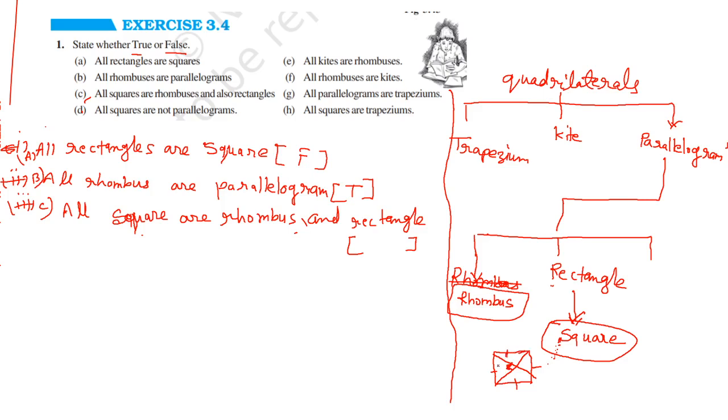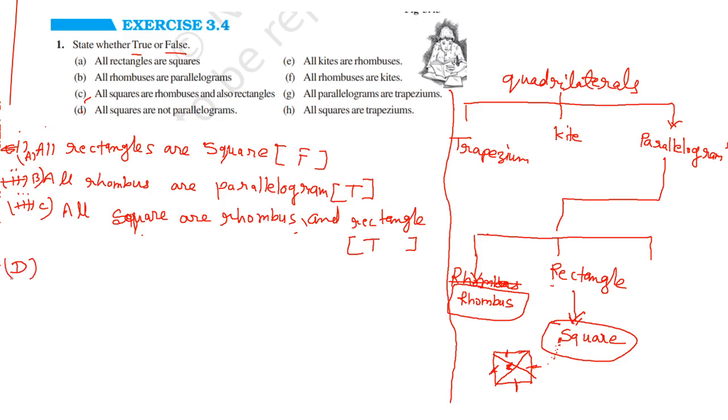That means it has two distinct pairs of adjacent sides of equal length. So it follows the properties of kite, rhombus, and rectangle. So this statement is true. All squares are rhombus and rectangle.